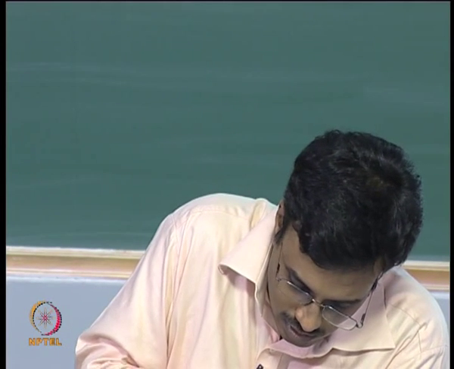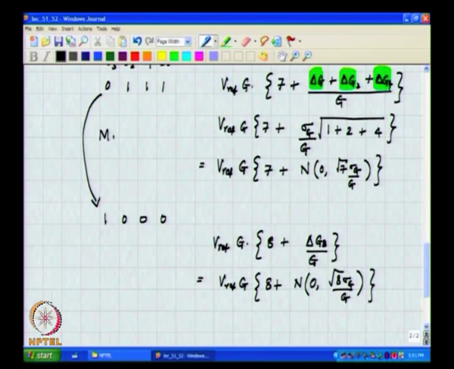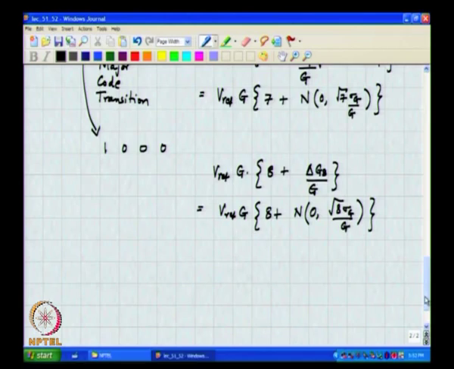This transition is called the major code transition, this is just jargon, and is basically the flipping of the MSB for the first time as you keep ramping up the codes, right. Now, can we comment on the step size at the major code transition?